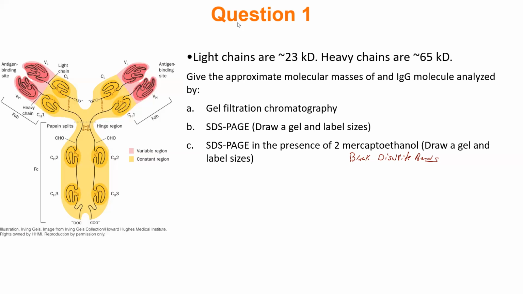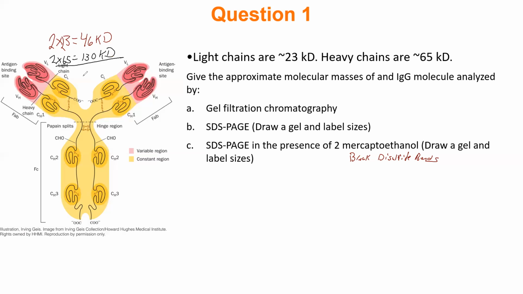All right, so hopefully you made some progress on that. Let's take a look at this. We have two light chains, so 2 times 23, the weight of the light chains is 46 kilodaltons. We also have two heavy chains, each one 65, so 2 times 65 equals 130 kilodaltons.